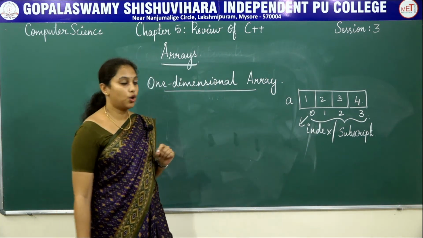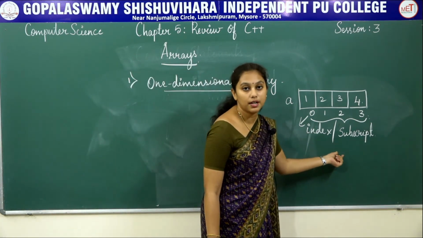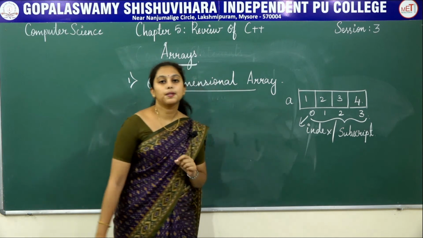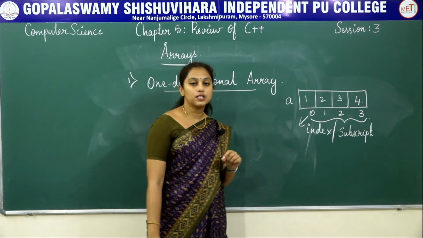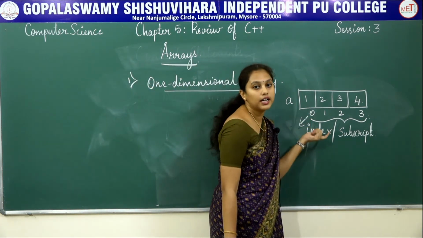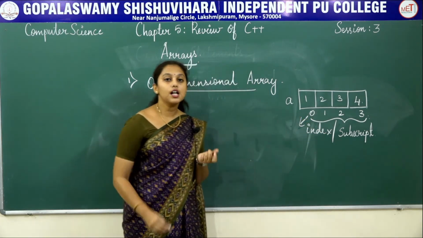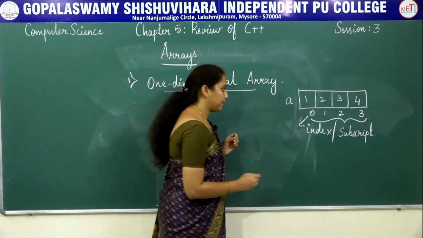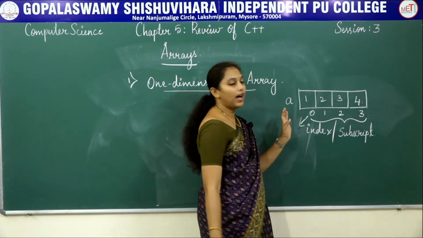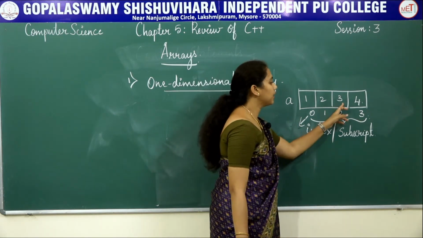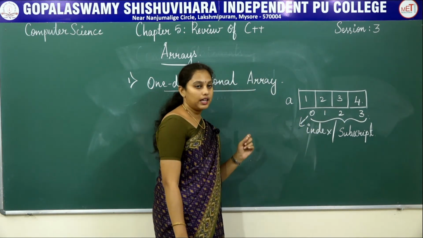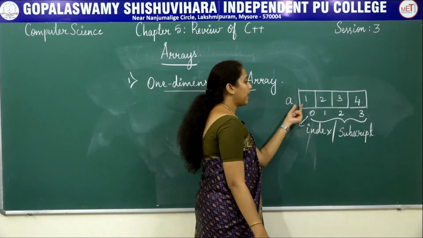What is the usage of this index or subscript? Index or subscript is used to access the elements of an array. See here, I want to access the element 3. With the help of subscript, A of 2.